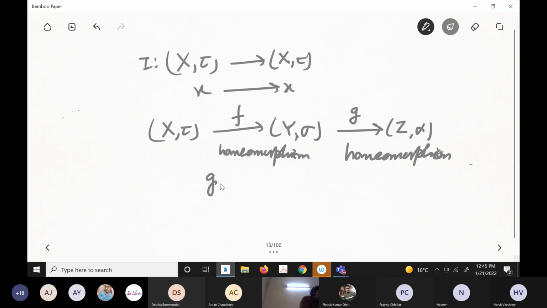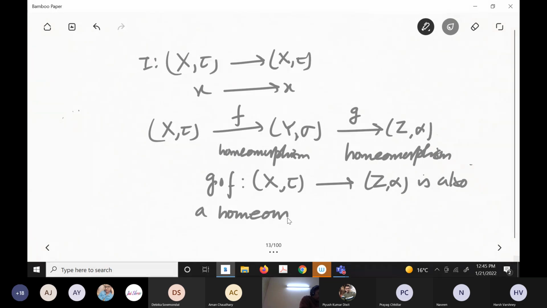Then G composed with F from X star to Z alpha is also a homeomorphism. That means the property of homeomorphism is transitive.